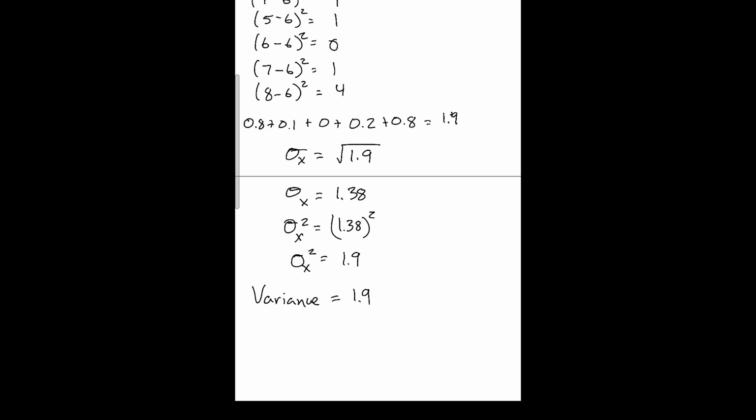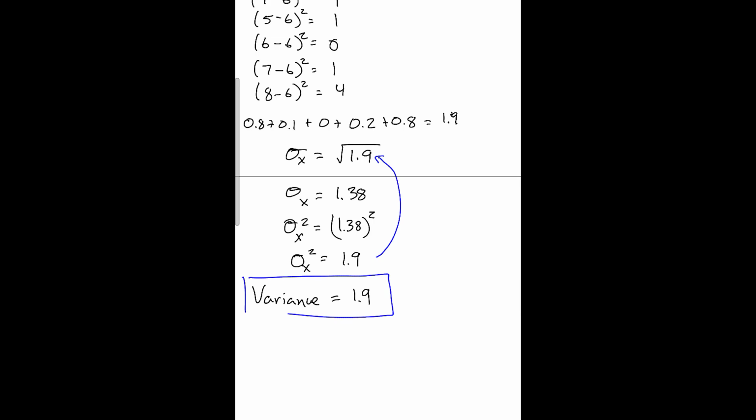So this right here, what that says is that your variance is equal to 1.9. So in other words, you're still doing your standard deviation. But if you want to think about it like this, your variance is actually going to be that number you get right before you take your square root. Okay? So in this particular problem, your variance would be 1.9.